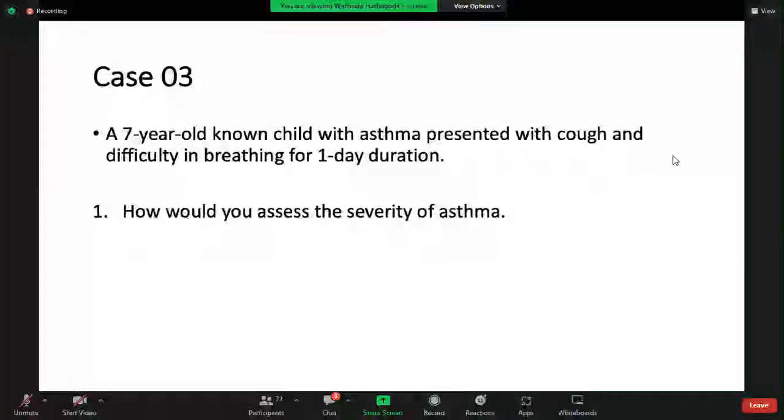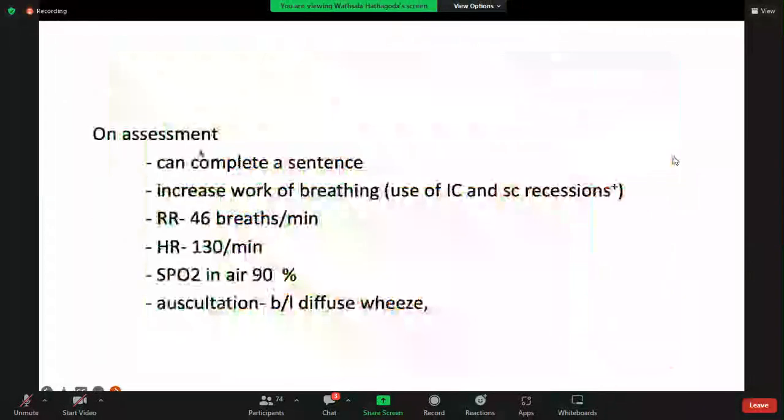Okay. So what are the main classifications of severe respiratory distress? Mild, moderate, severe, and life-threatening. Okay. So that is the classification. So this is what you would see on assessment. So tell me, how would you categorize this distress?